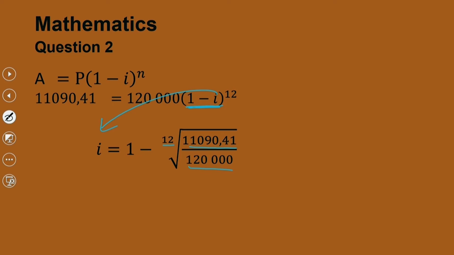And then whatever we had on the right-hand side will be the 12th root of 11,090.41, divided by 120,000. That is what we're going to have. So I becomes positive. Then we also take this over to this side. There's our 1. So what can you see we end up having? I equals 1 minus the 12th root of 11,090.41, everything divided by 120,000.